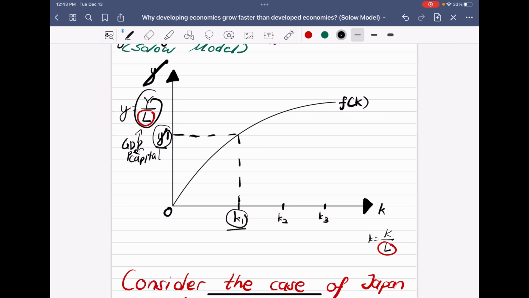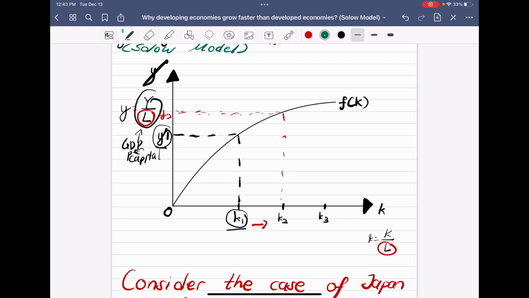But then let's say in the future, the country increases again its capital per capita, which is little k, from K1 to K2. This will result in an increase in output per capita, but here's the trick. It will increase it, but at a decreasing rate. So it will not increase like 0 to K1, not that much. It will still increase, but at a decreasing rate, right?